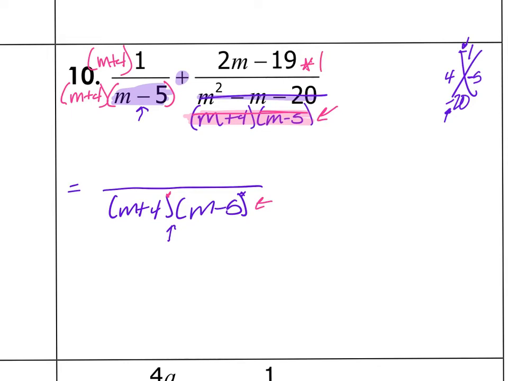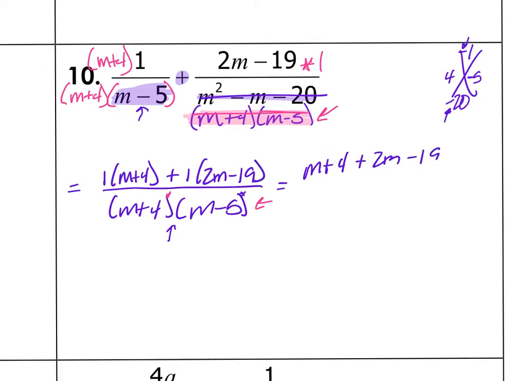So I get 1 times m plus 4 plus 1 times 2m minus 19. So then I get m plus 4 plus 2m minus 19 all over m plus 4 times m minus 5.